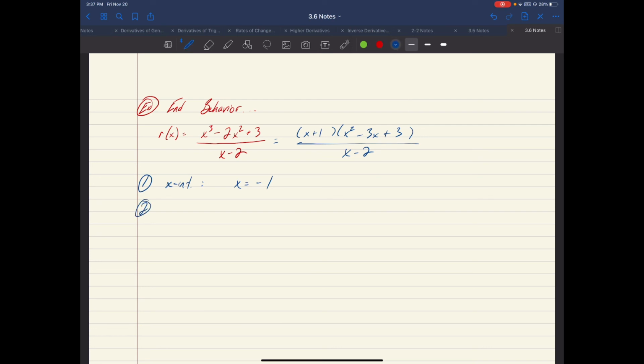Second, we're going to check r of 0. This is the y-intercept. So from the r of x in red, we plug that in, and we get negative 3/2. So this is the y-intercept.